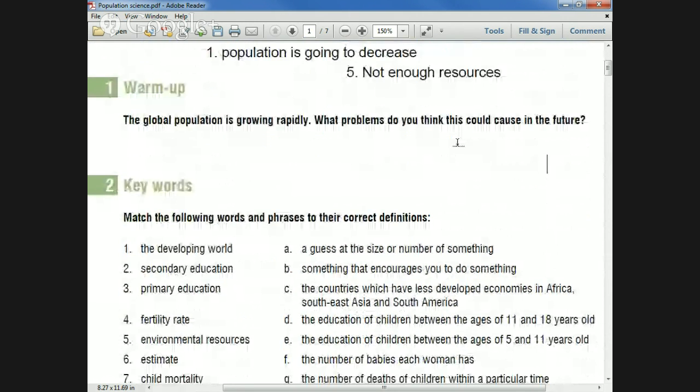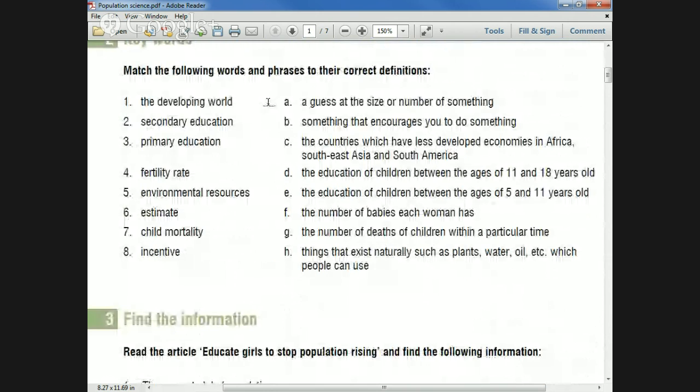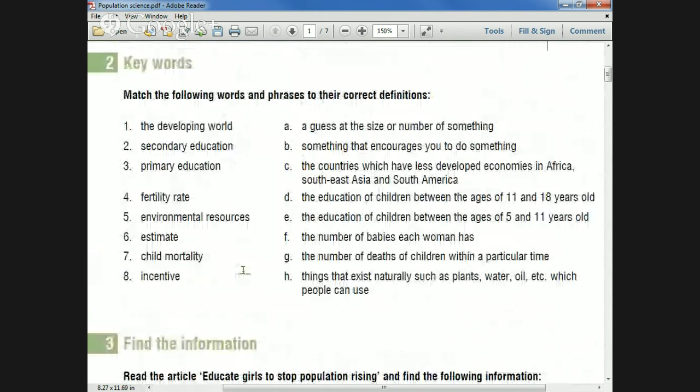Thank you. Let's go ahead and look at some key phrases that we will read in the article, and then we're going to read an article and discuss it. We have the developing world, secondary education, primary education, fertility rate, environmental resources, estimate, child mortality, and incentive.